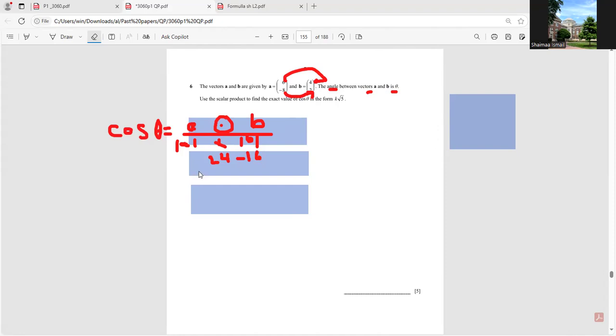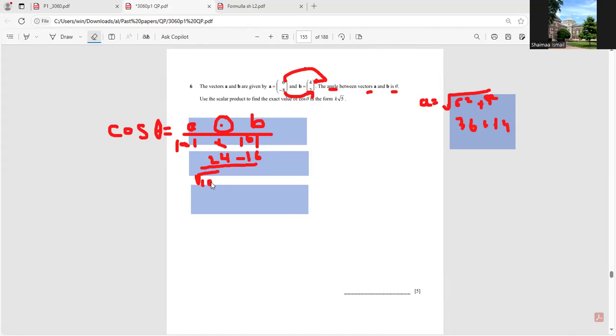Dividing by the magnitude. Okay, let's work out the magnitude. The magnitude of A will be the root of 6 squared plus 8 squared. 6 squared is 36, plus 64, which is root 100.